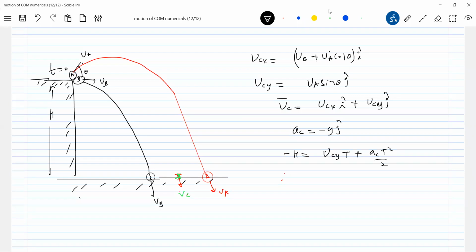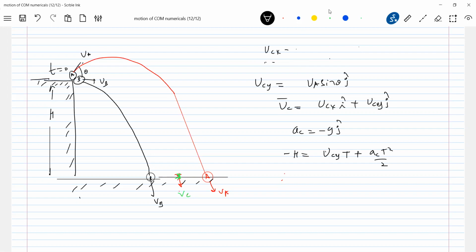Sir, here UCx would be UB plus UA cos theta by 2, no, sir? Oh, masses. Okay, some correction is there. Here I was writing it for equal masses. If masses are different, we'll do one thing.